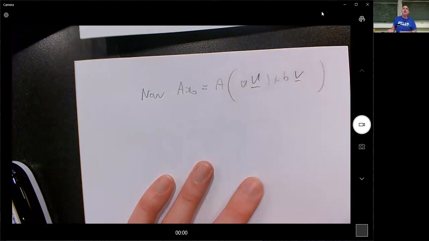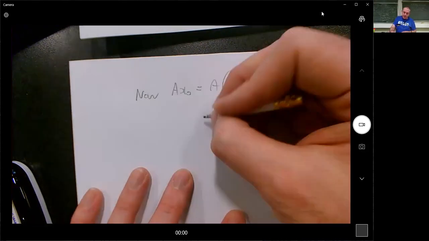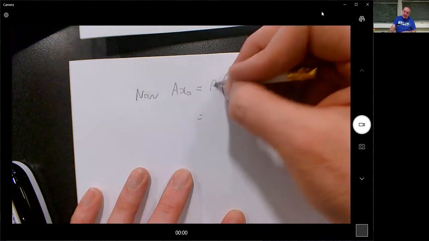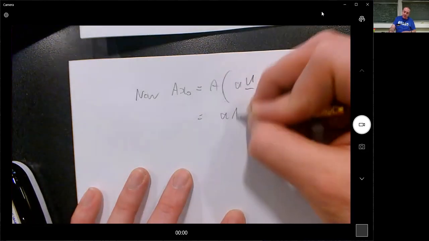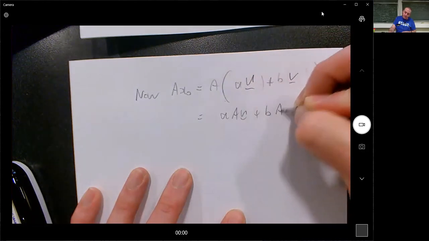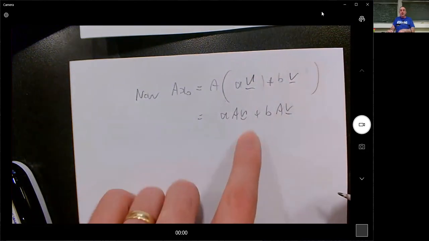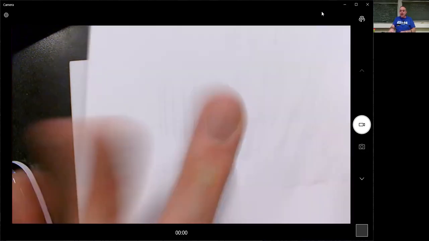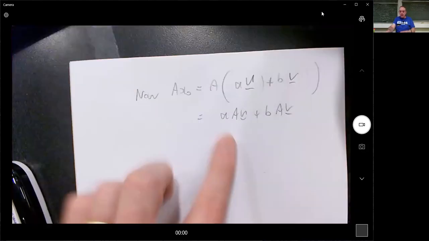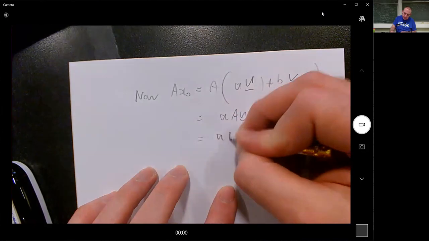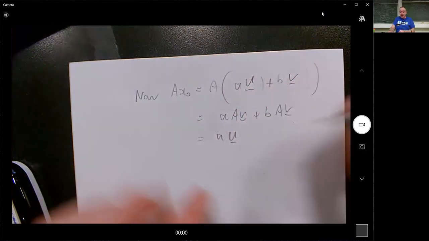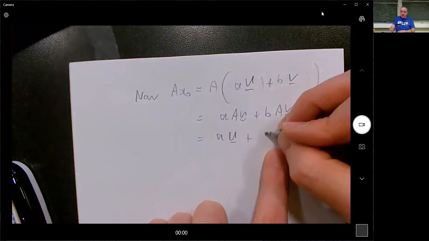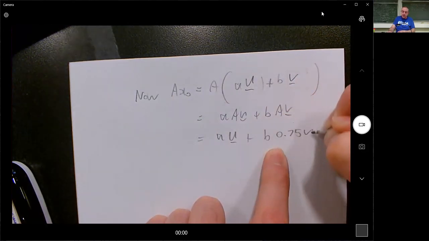That's the same as a times Au plus b times Av, and the numbers can come out. But u was an eigenvector, and its eigenvalue was 1, and so Au is the same as u. And v was an eigenvector too, and its eigenvalue was 0.75, and so this is what I'm going to get.